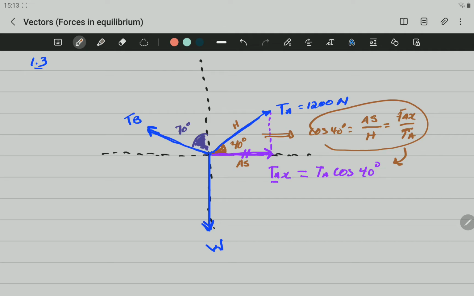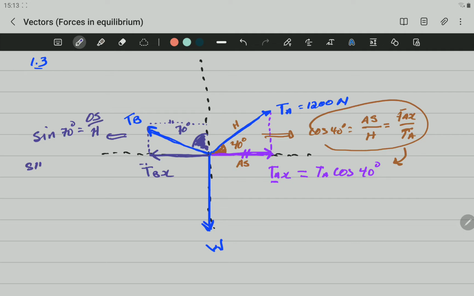If we go to the other side for TB, you also have to take TB to the x-axis, and here you will have TB in x. This one here is TB in x. Now the angle here is the one on top, so if you extrapolate, you can see that TB in x is actually opposite to the 70 degree angle. So here you know that sine theta, in this case 70 degrees, is equal to the opposite side divided by the hypotenuse.